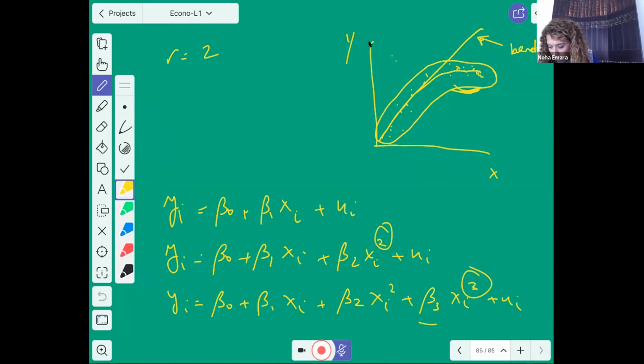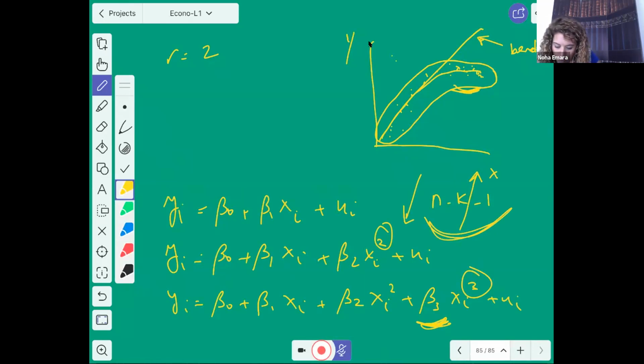But every time I'm adding a new or additional coefficient, I'm losing degrees of freedom, right? Remember, n minus k minus 1, the higher the k, the smaller the total sample size after adjusting for degrees of freedom.